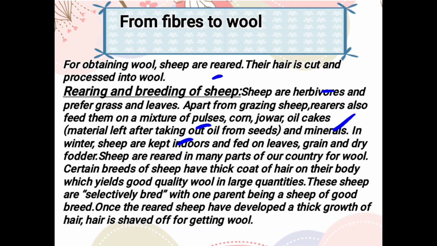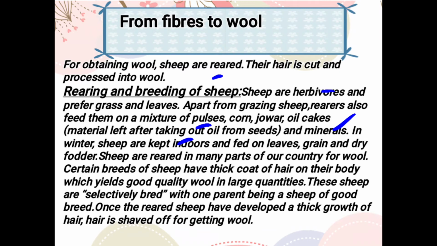Now this we have also read: with the help of a process called selective breeding, people choose parents which have good characteristics. When they choose parents of a good breed, then in the future, whatever generation or offspring comes, they also have the same characteristics as their parents.